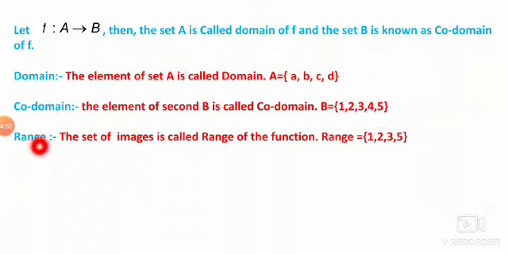And the range of the function is the set of images. The range R is equal to {1, 2, 3, 5}. Dear students, in the previous slide we have seen the image of a is 1, the image of b is 2, the image of c is 3, and the image of d is 5.